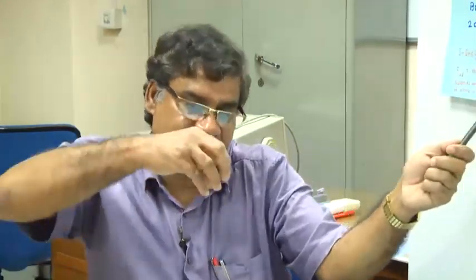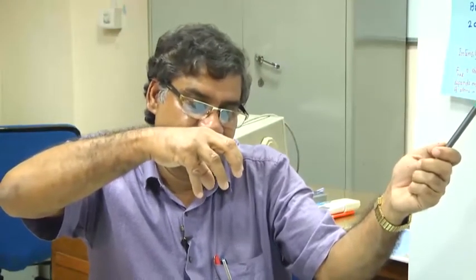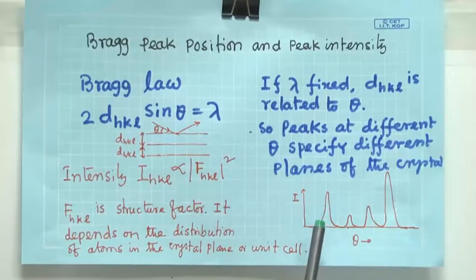And if it is not perfectly ordered or arranged, the peaks become broad, so some disorder is there. So, the angle of the Bragg peak, the intensity of the Bragg peak, and the broadening of the Bragg peak are all important to study the crystal structure.